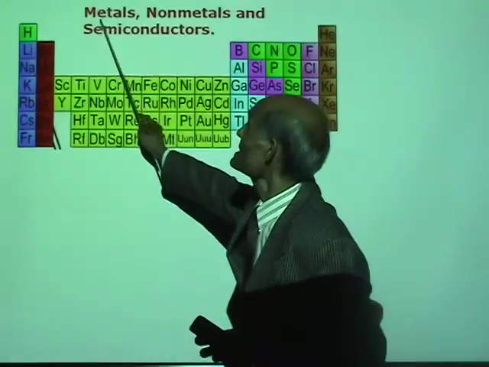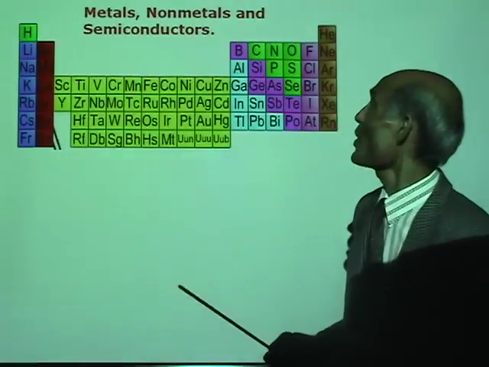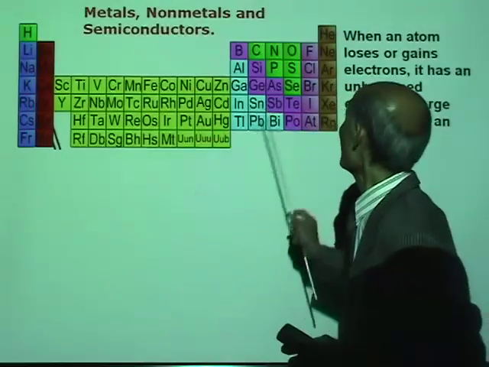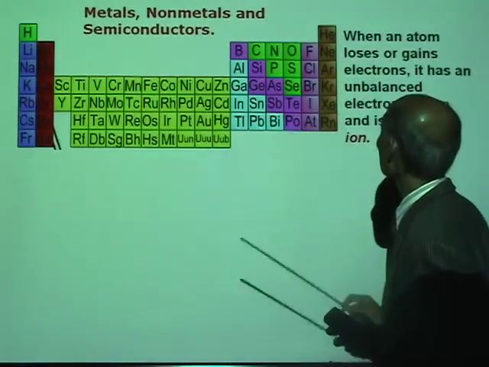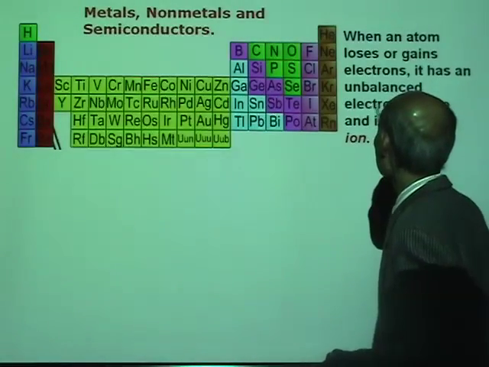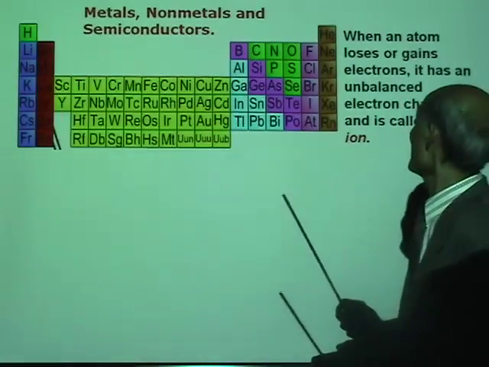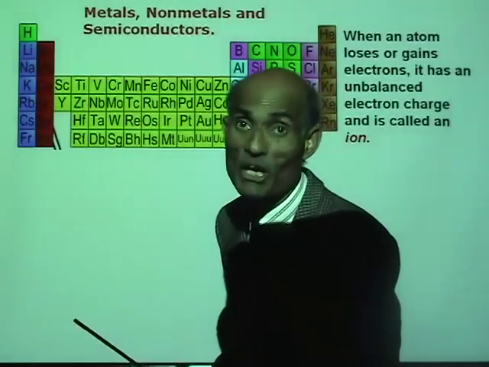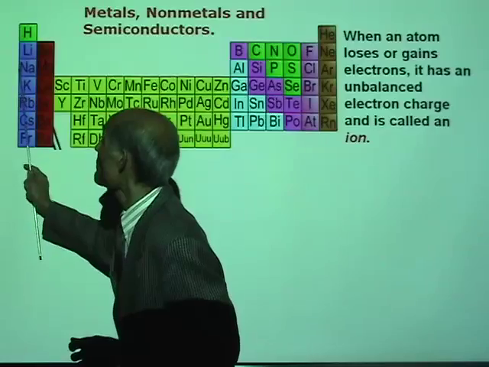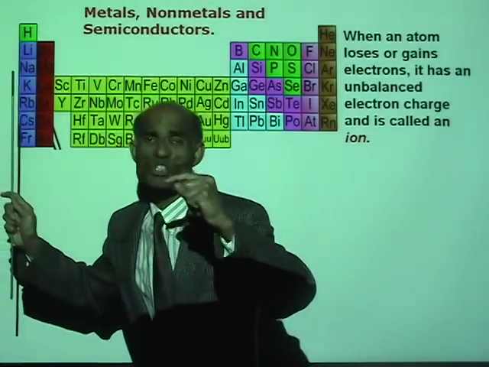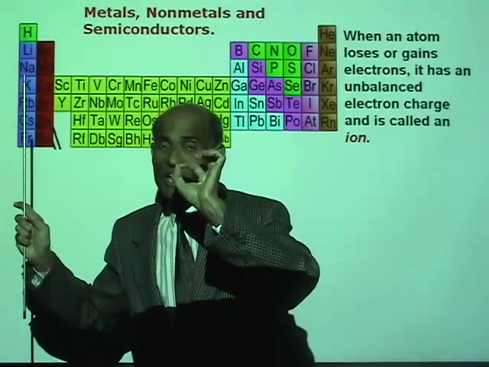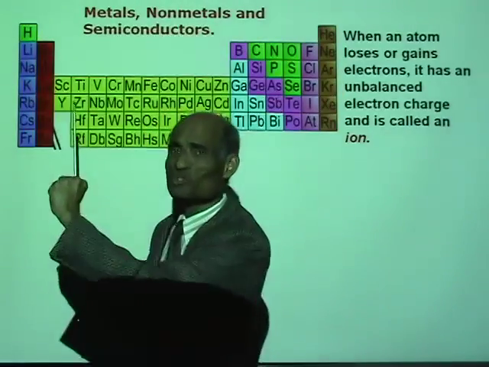Alright, now let's talk about metals, non-metals and semiconductors. When an atom loses or gains electrons, it has an unbalanced electron charge and is called an ion. Well, you remember I told you sodium, how many electrons are there in its outer shell? 1 electron. And it will be very happy to lose it.